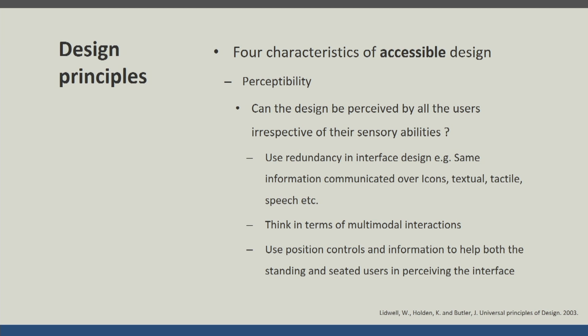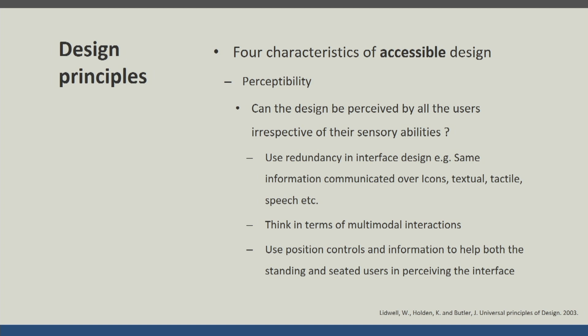So for any interactive product that you design, you must raise this question: is it perceivable by all the users with different sensorial abilities? Use redundancy in interface design. The same information is often communicated over multiple channels. So what you see is also something that you hear.